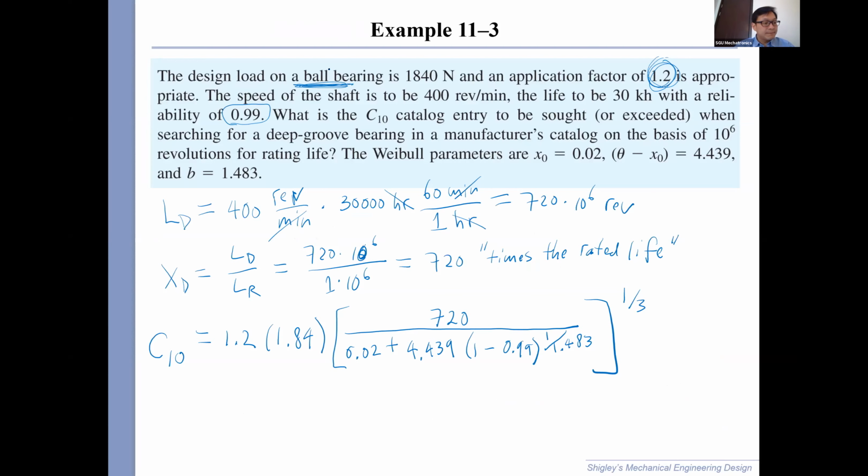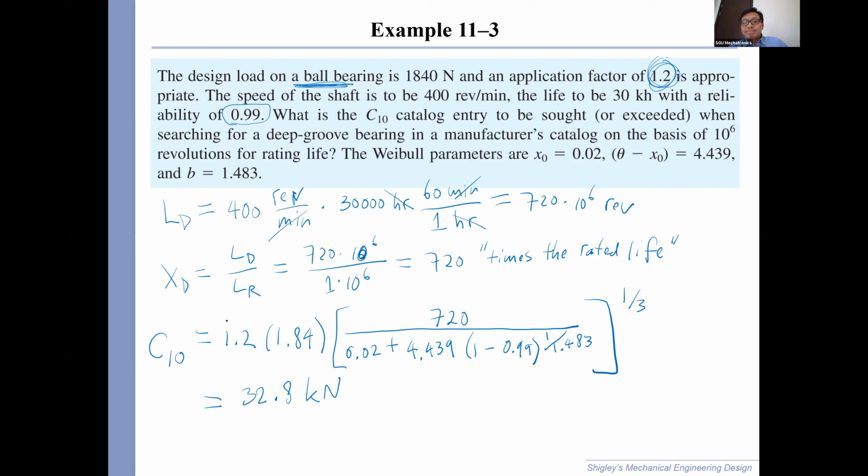So 1/3. And C10 then is 32.8 kilonewtons. This is the catalog rating we need to look for if we want a 720 million lifetime under a load of 1.84, which is multiplied. This multiplier 1.2 makes it worse.